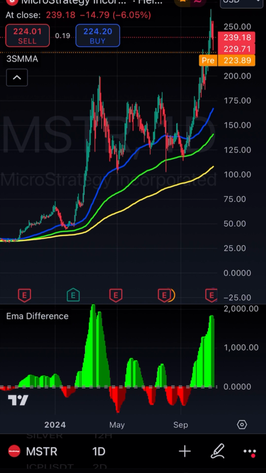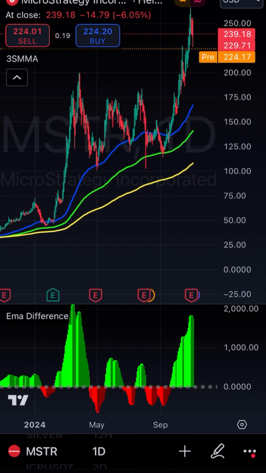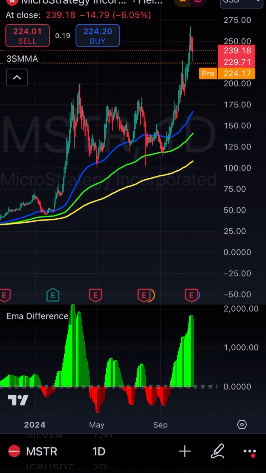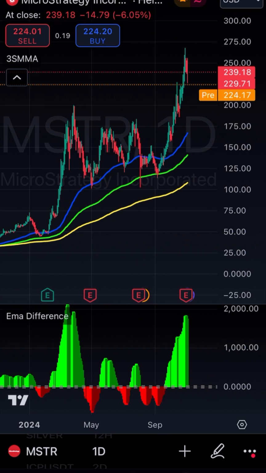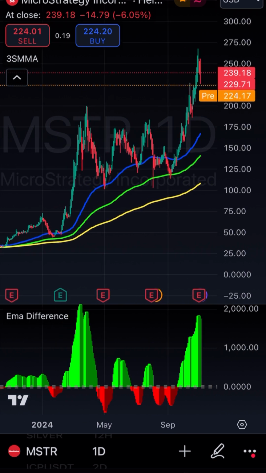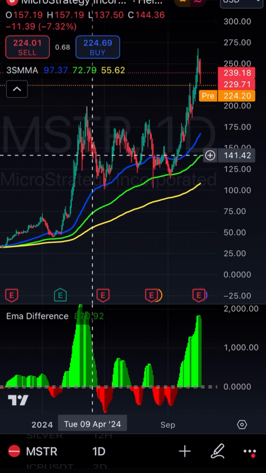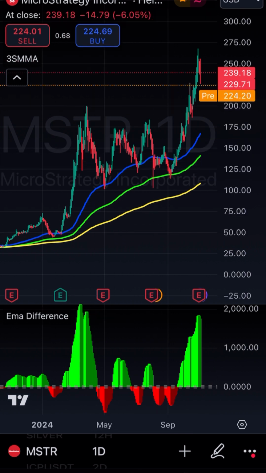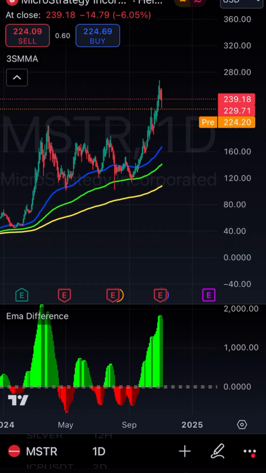Ever since it did cross with those moving averages, it's been pretty much going up, because Bitcoin is going into a parabolic phase. MicroStrategy overall has been going up: it goes up, pulls back, goes up, pulls back, goes up, pulls back. That's kind of the pattern. And from what we could tell, because of the moving averages right now, they're all far apart from each other.